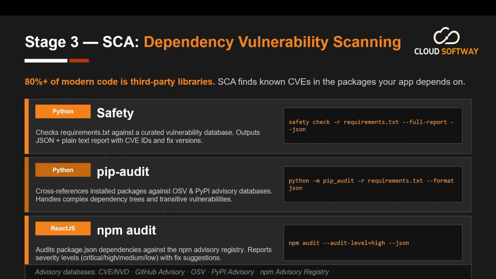And because of that, they might contain CVEs or specific vulnerability issues. So, for example, in Python, we are utilizing Safety and also employing pip-audit. This is specifically to check, for instance, the requirements.txt file. And for ReactJS, we are using npm audit as well to thoroughly verify all the packages that are currently present within our ReactJS codebase.